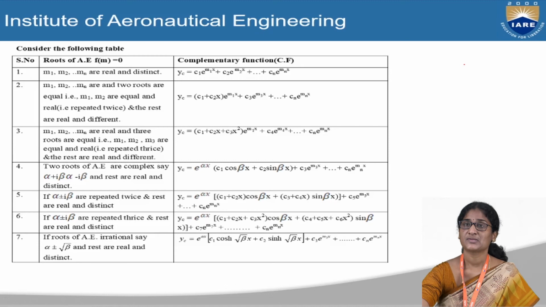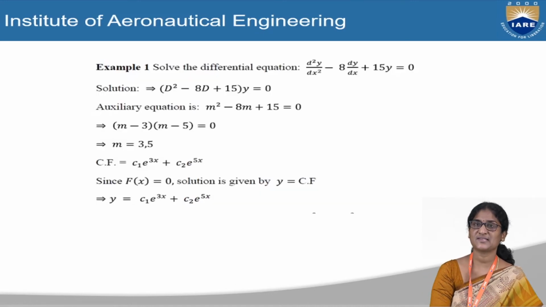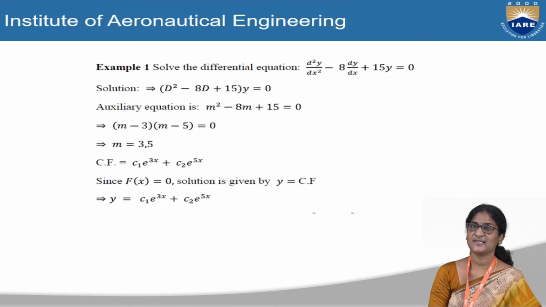Now let us take a few examples. The first example: solve the differential equation d square y by dx square minus 8 into dy by dx plus 15y is equal to 0.